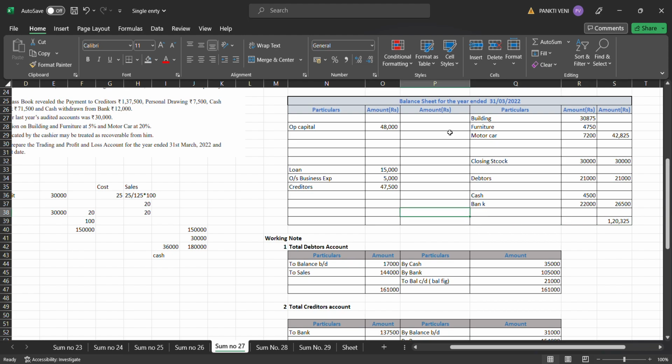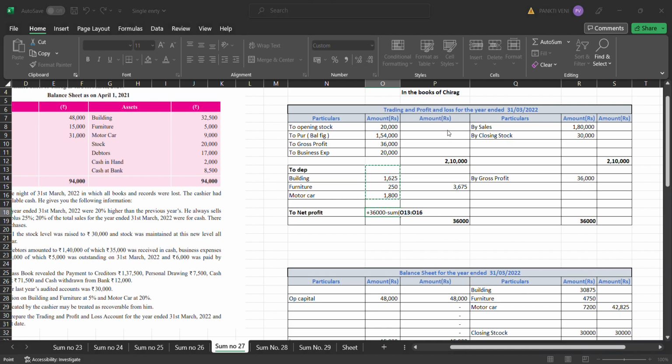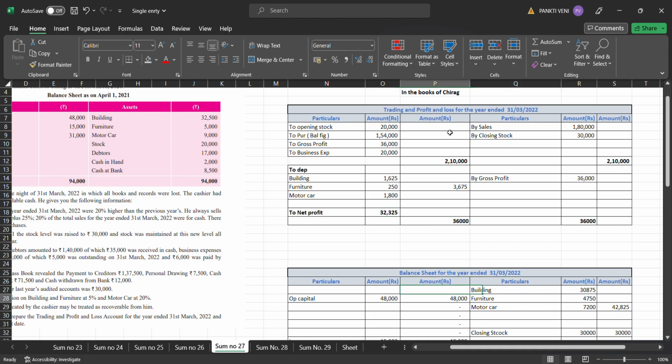So 1,20,000, and 325 is the balancing amount. Opening capital, we have to bring profit from here. So I'll total up. 36,000 is my gross profit. So I'll bring gross profit 36,000. Out of this 36,000, I'll subtract this. So net profit will be 36,000 minus this.